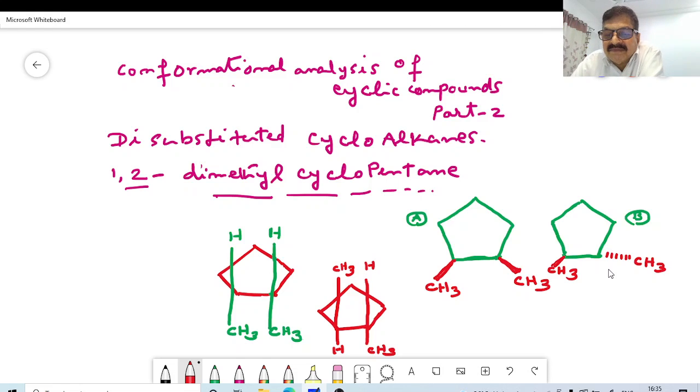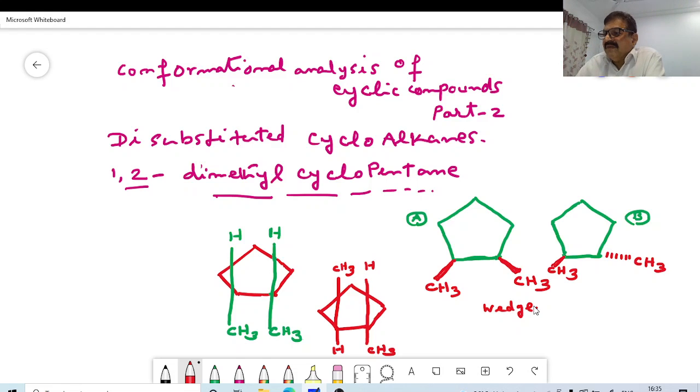Those bonds are represented using a wedge. Dashes are used to represent a bond behind the plane of a ring.